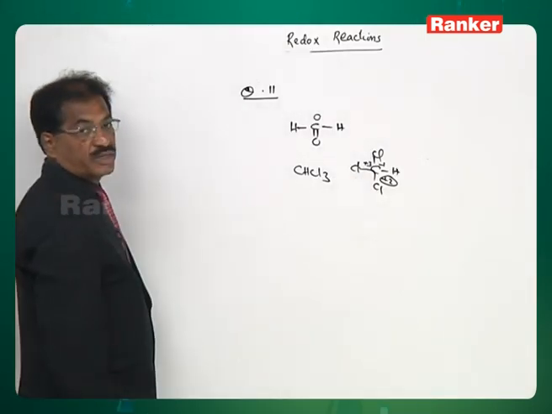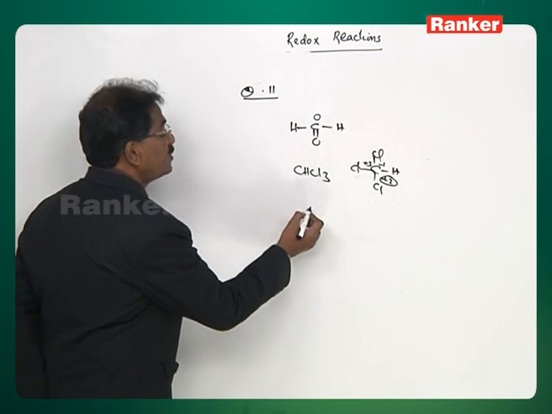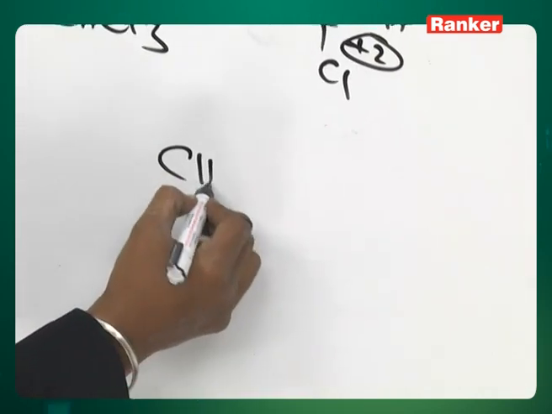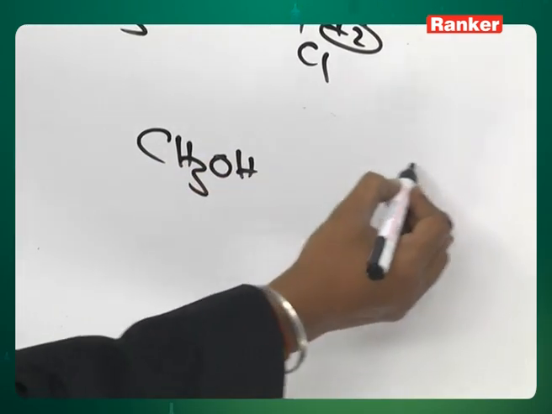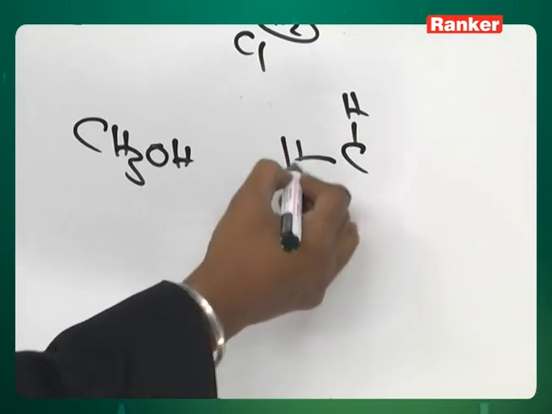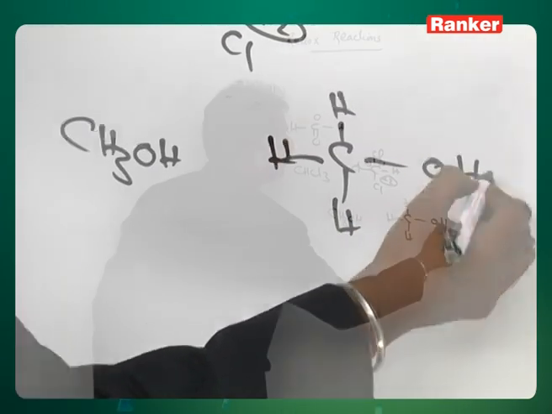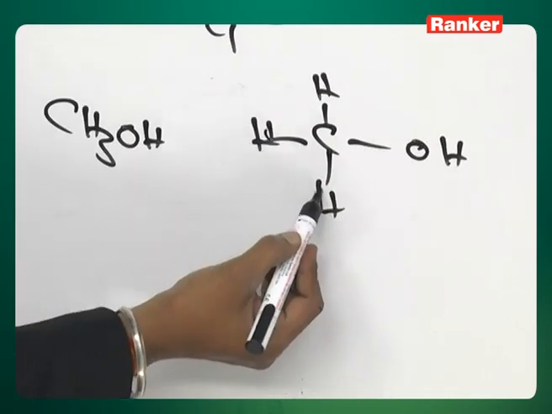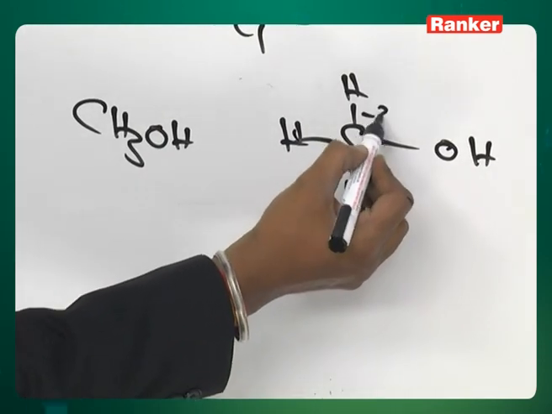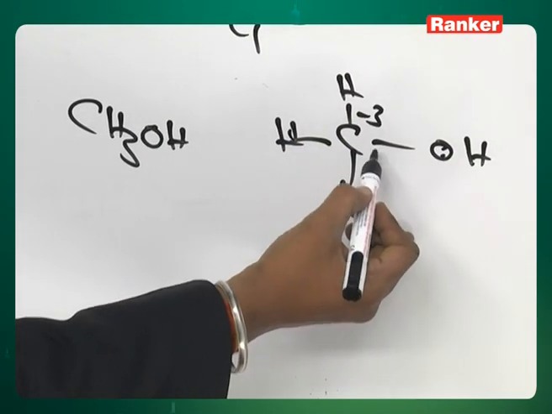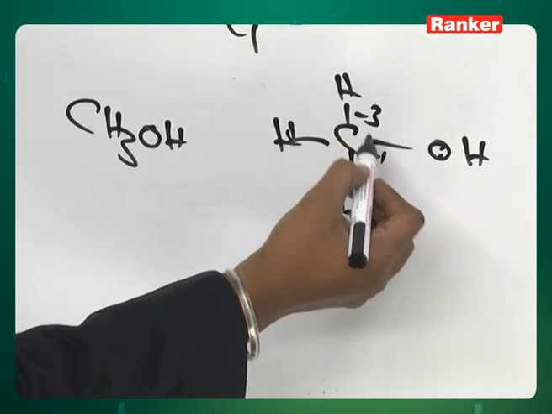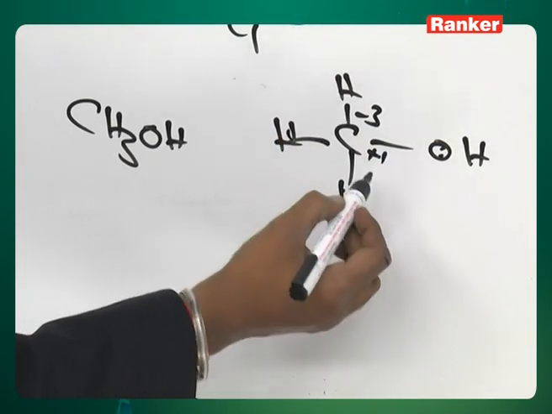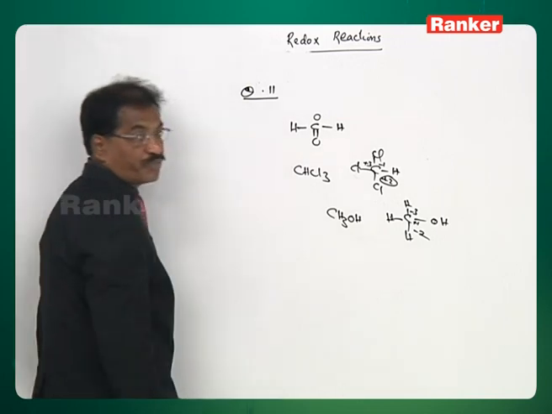Next, in the third option, CH3OH is given. Here due to these 3 hydrogens, the carbon will gain 3 electrons, and due to this oxygen, it will lose 1 electron. Therefore, the net change in the oxidation state is -2.